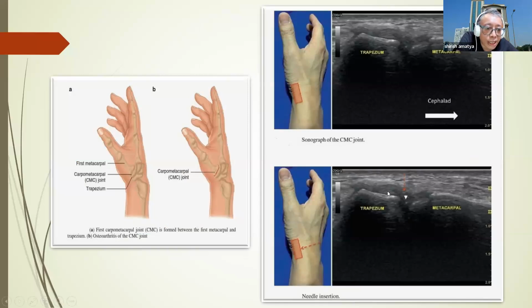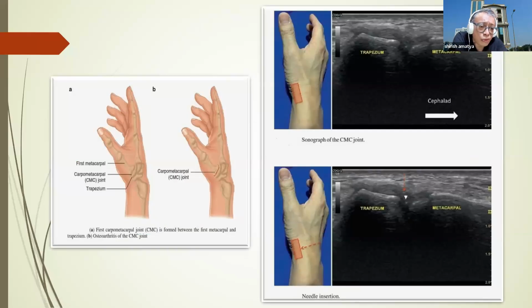In the lower side of the picture, you can see the injection, either PRP or steroid, given at the carpometacarpal joint. The white dot just below the red line is the site of injection, and this injection is done in the short axis view.